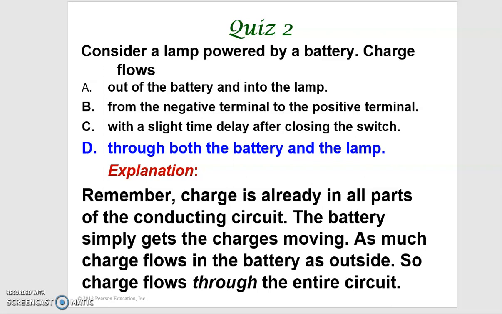In order for the current to flow continuously, the current will start from the battery, pass through the lamp and go back to the battery, and also from the end of the battery to the higher electric potential end of the battery and continue to flow. So this is very important.